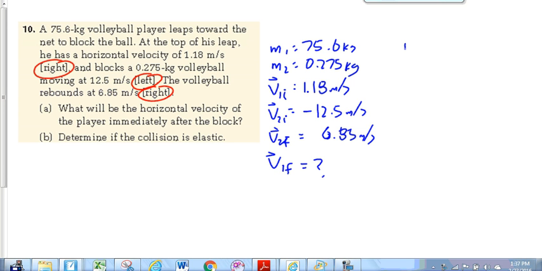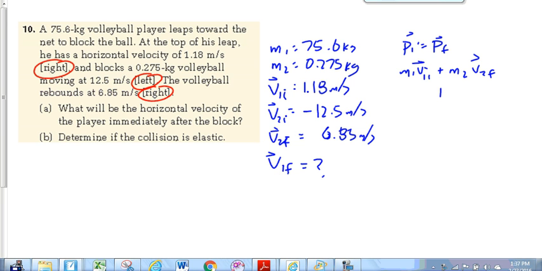So we're going to say, again, PI equals PF: M1, V1I plus M2, V2I equals M1, V1F plus M2, V2F. Man, I'll tell you, the biggest pain of doing these questions, I think, is writing all this stuff out. There's so many subscripts and so many letters, it just gets old after a while.